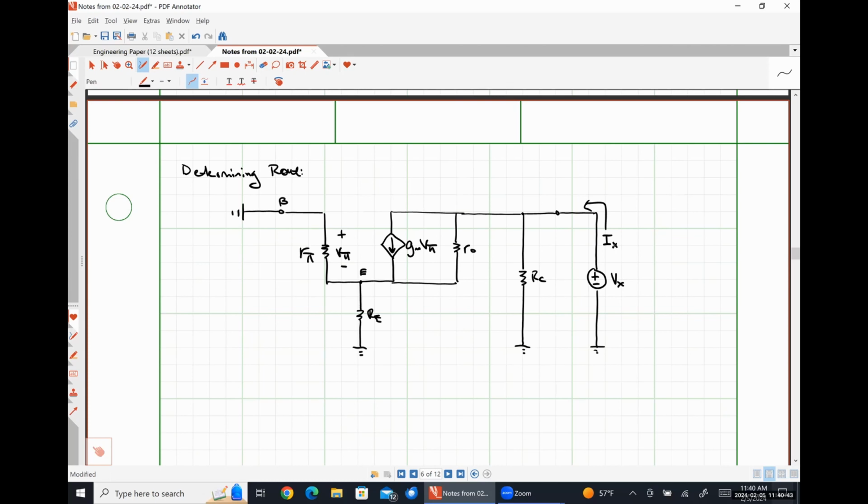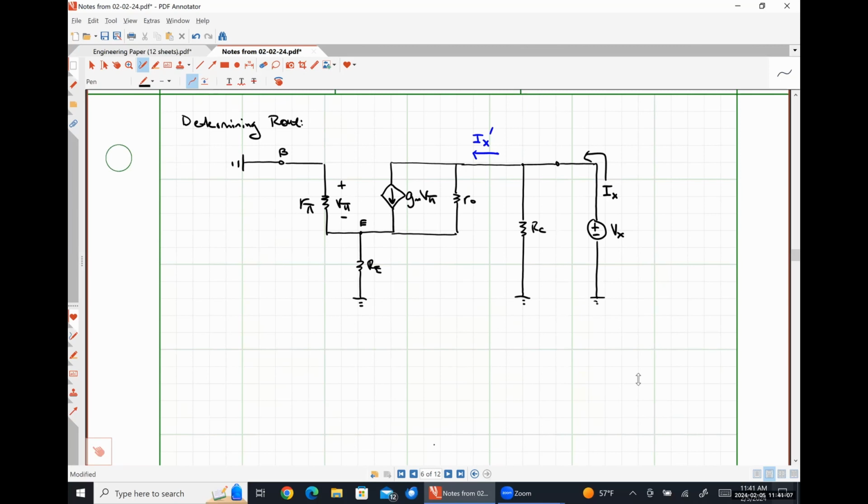I'm going to call the current flowing through here IX prime, where IX is equal to VX divided by RC plus IX prime.